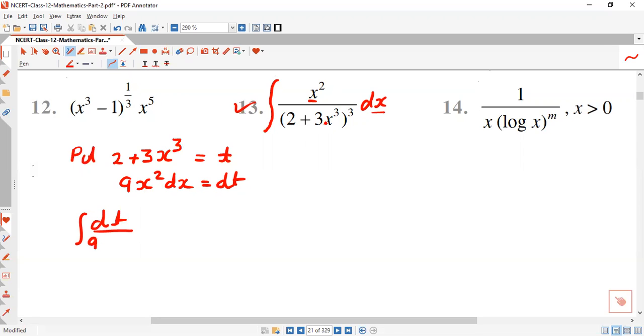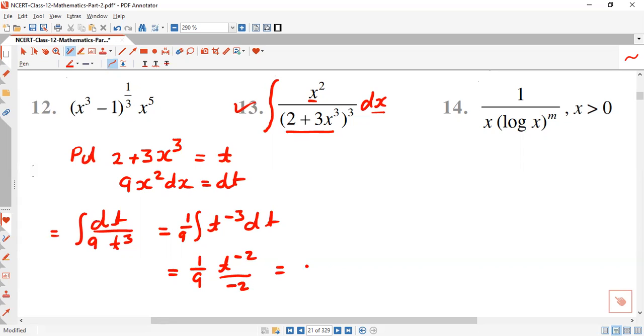And this 2 plus 3x cube, we already put the value as t, so this will be t cube. So this integration becomes 1 upon 9 t raised to minus 3 dt. If we do the integration, we get 1 by 9 t raised to minus 2 upon minus 2.